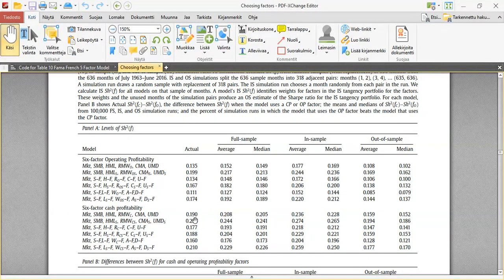So irrespective of whether we use the actual data or the simulated data using the full sample, we always get a higher maximum squared Sharpe ratio when we use a 6-factor model that uses cash profitability instead.